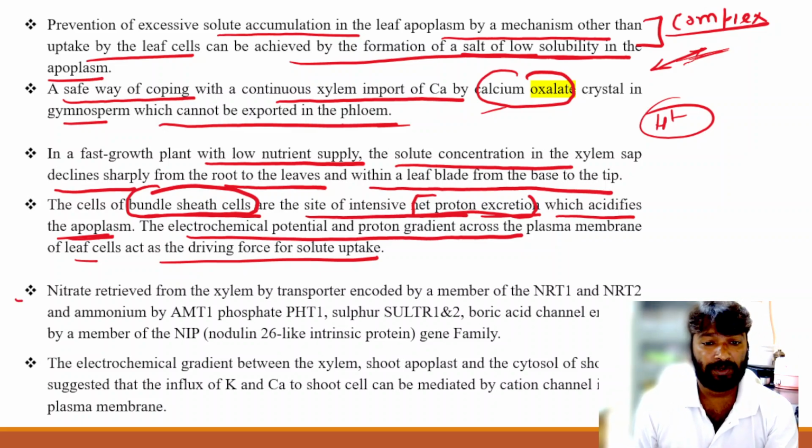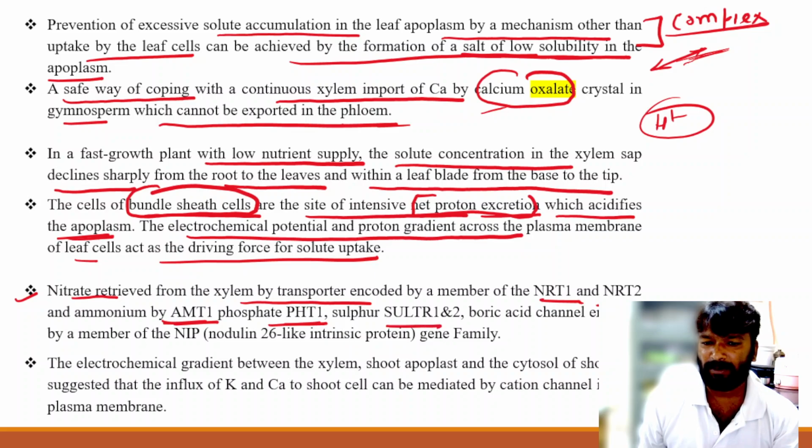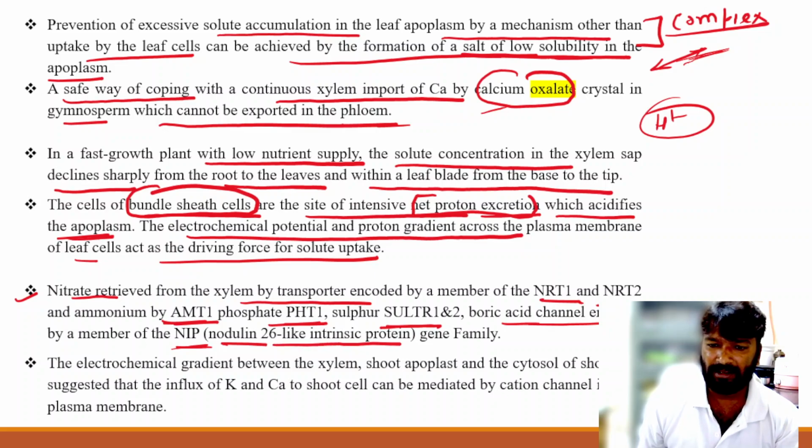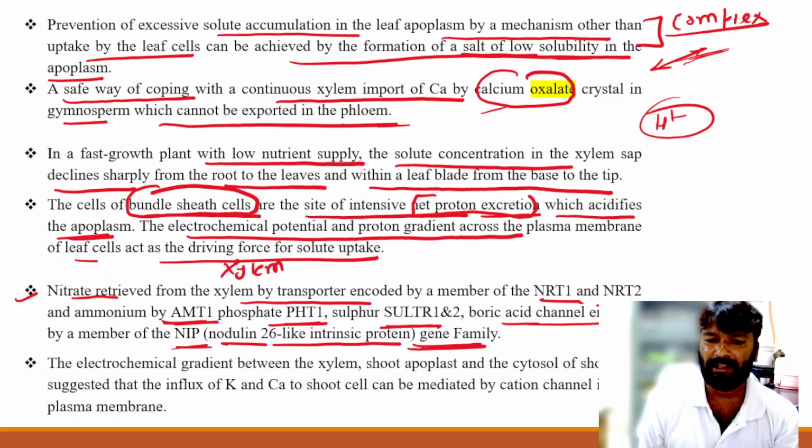Okay, so nitrate is retrieved from the xylem by the transporters NRT1 and NRT2, ammonium by AMT1, phosphate by PHT1, sulfate by SULTR1 and 2, and boric acid channels encoded by NIP, that is known as nodulin 26 intrinsic protein, the aquaporin gene family. Okay, so they are for the xylem unloading in the leaf cells.